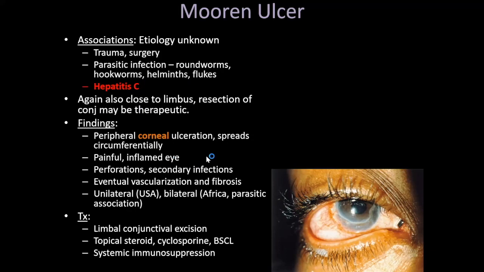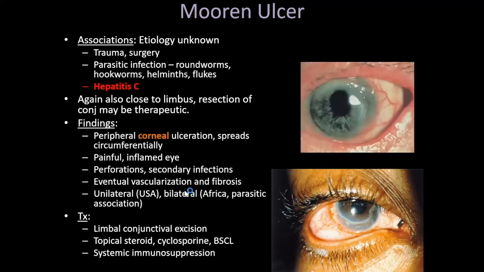So you have peripheral cornea ulceration, which spreads circumferentially. There is a lot of pain. The eye is inflamed. It's prone to perforation and secondary infections. Then eventually you have fibrosis and vascularization. The treatment has surgical and medical parts, intensive topical steroids.